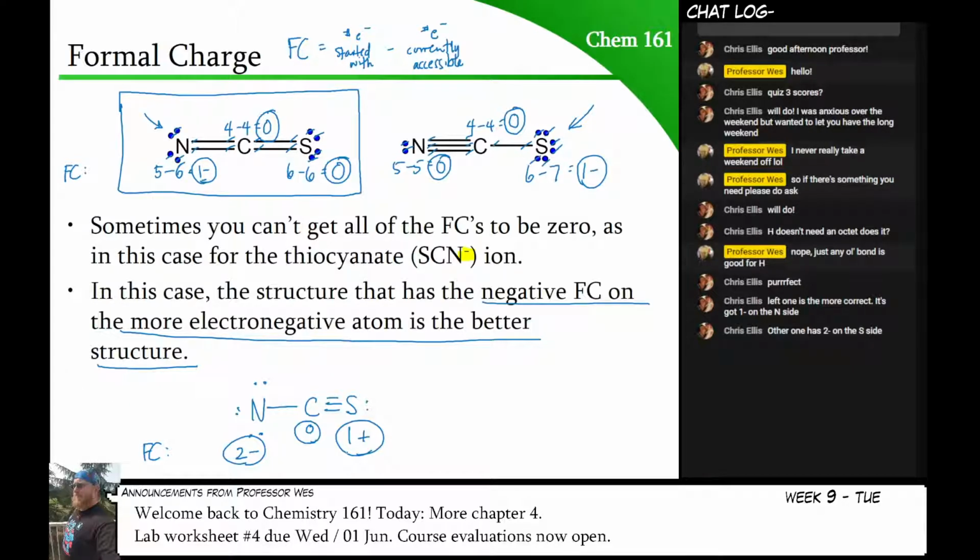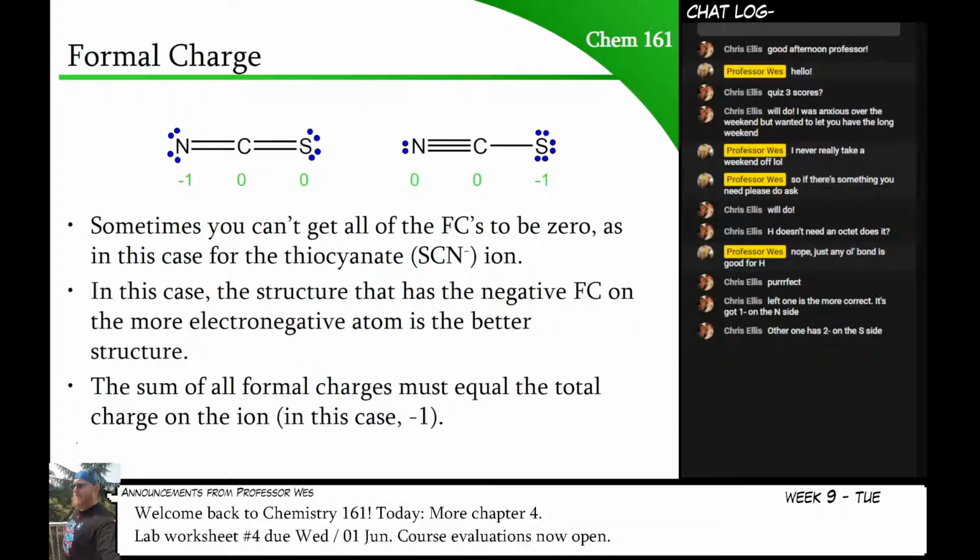And the answer to that is, well, no, we still want to minimize formal charges. So this one's no good because we're just separating out charges unnecessarily. We want to minimize formal charges, but when you can't minimize them to 0, stick the charges where they logically make sense. So don't go to the extremes to try and follow the electronegativity rule. Use that as a guide when you have multiple competing options that are equivalent.